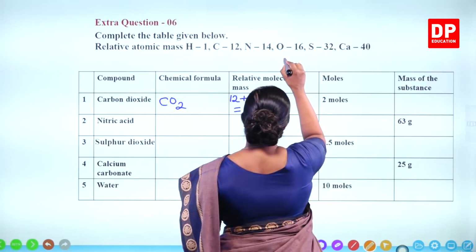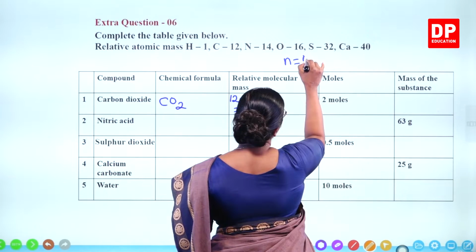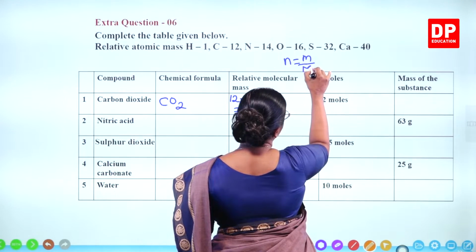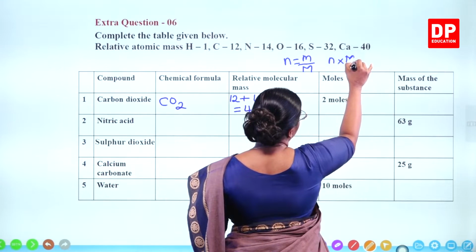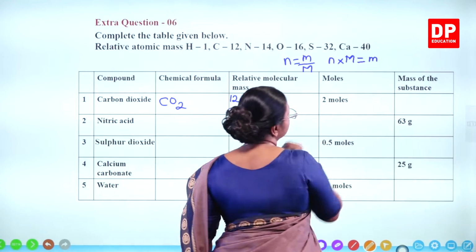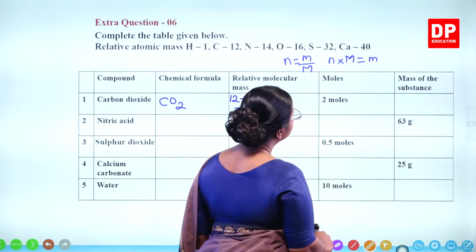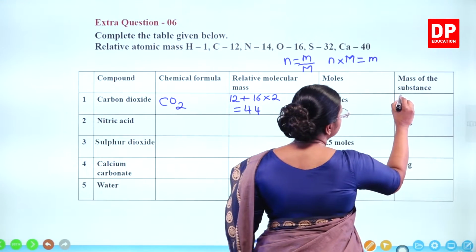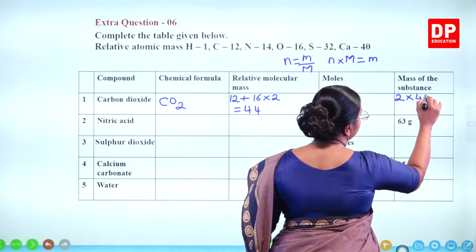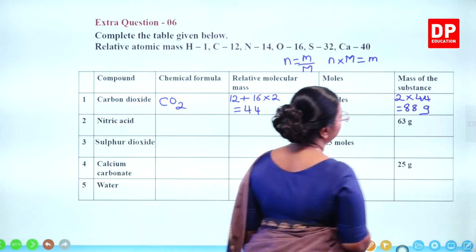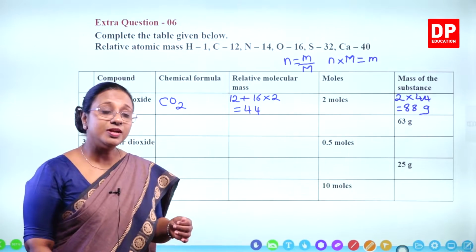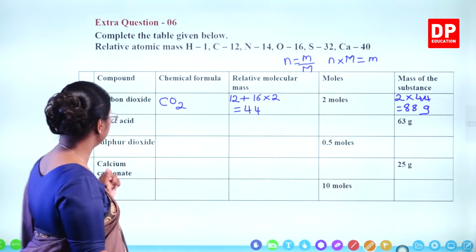Again you know moles is equal to mass over molar mass. The same way moles into molar mass is the mass of the substance. So mass of the substance, 2 into 44. That is 88 grams. You can remember doing this calculation before also.